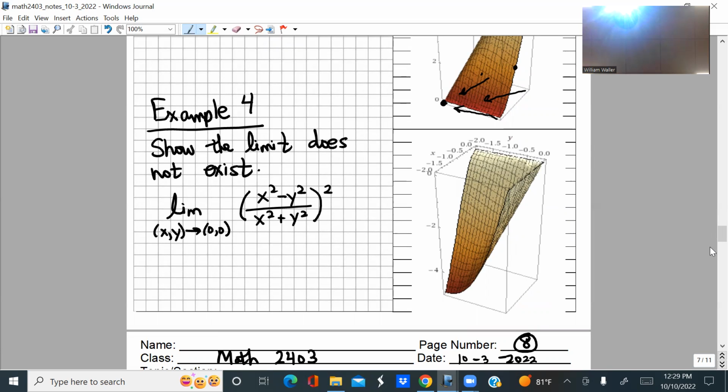So where's the origin? Right there. That's 0 on the y-axis and 0 on the x-axis. So again, think about what's happening as we trace points out in the xy plane that are moving closer to x being 0, y being 0.